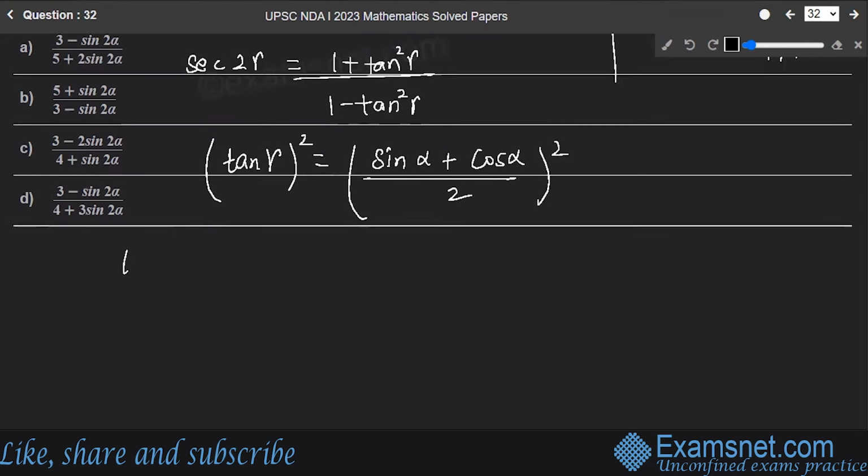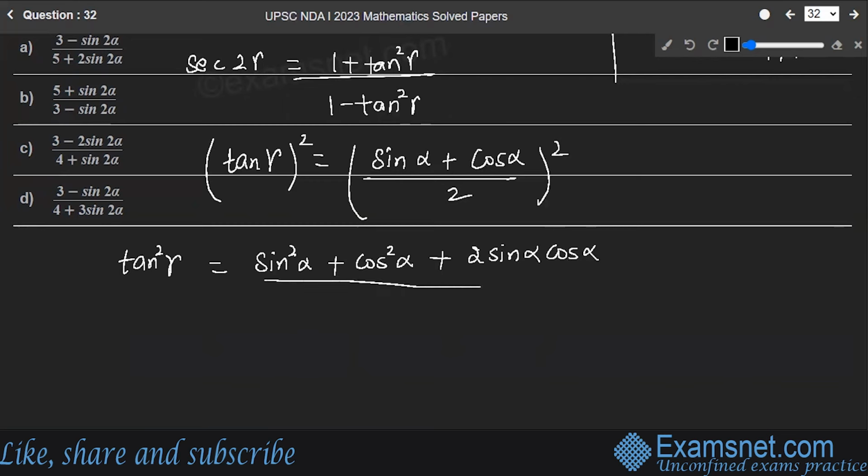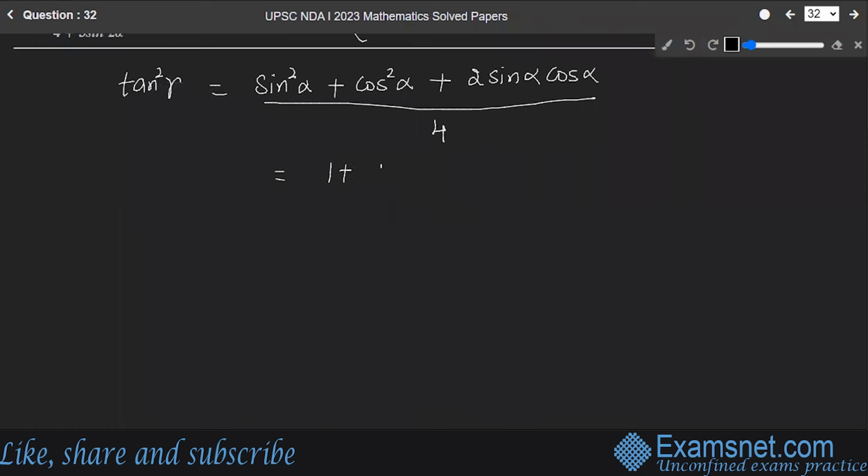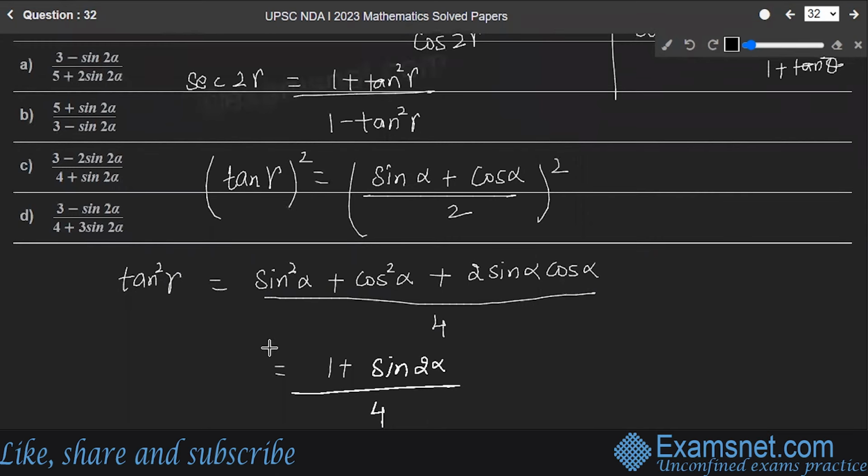You will have tan square gamma is equal to (sine square alpha plus cos square alpha plus 2 sine alpha cos alpha) whole divided by 4, which will make it 1 plus, see, 2 sine alpha cos alpha can be written as sine 2 alpha. You know this identity, right? Upon 4.